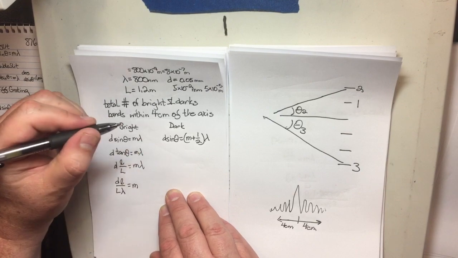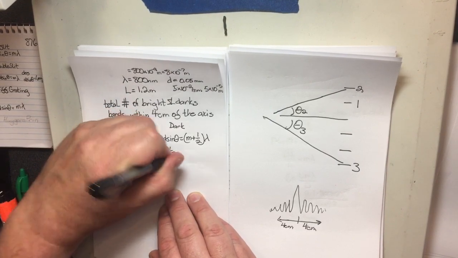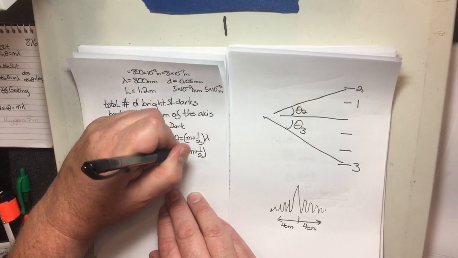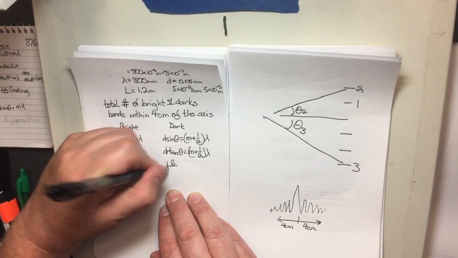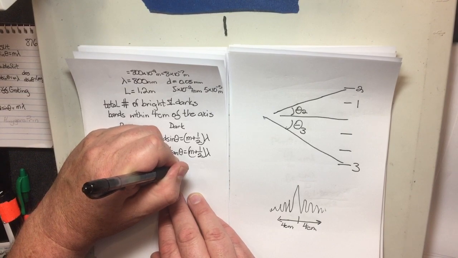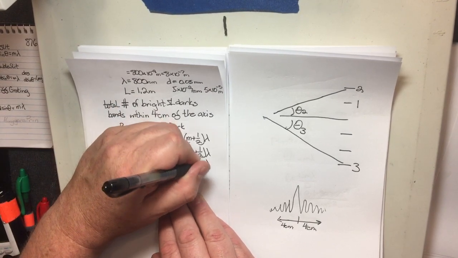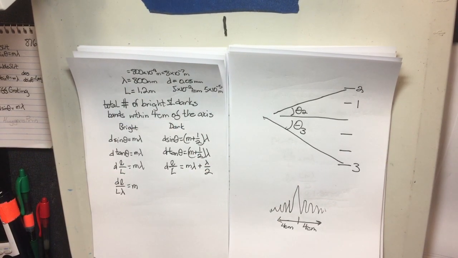And what we'll do is show the similarities between these two equations. d tan theta equals m plus 1/2 lambda, so d little l over big L is m lambda plus lambda over 2. I'm distributing the lambda.